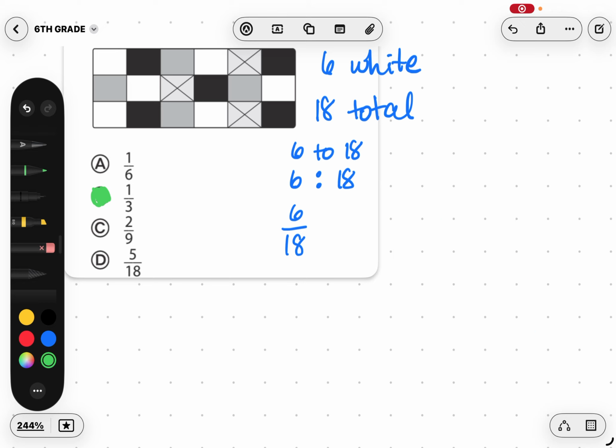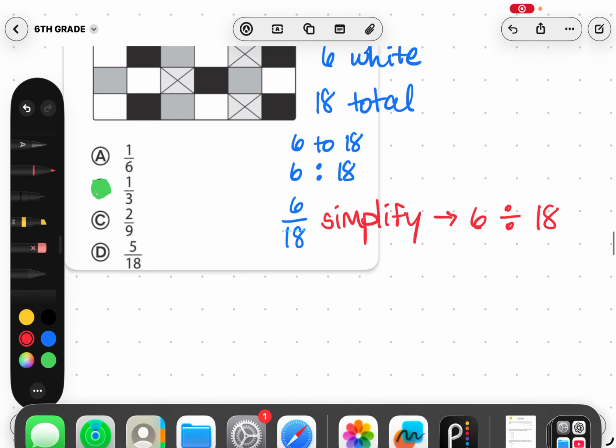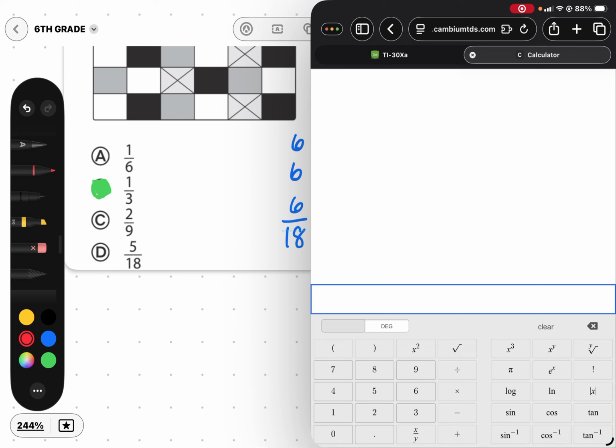Now, if you want to simplify this using a calculator, we're simply going to type in the calculator 6 divided by 18. We've got to see what that equals first, okay? So, let me pull up the calculator. I'm going to go to the online calculator.